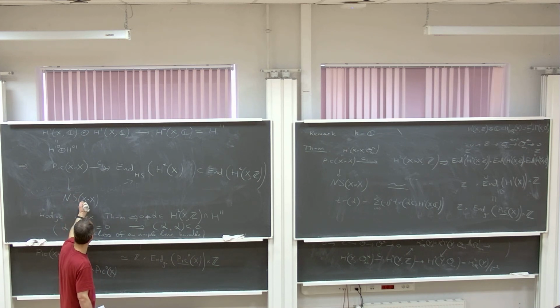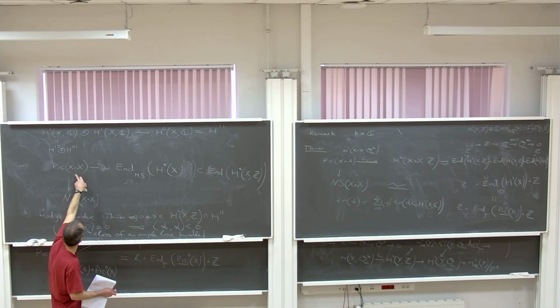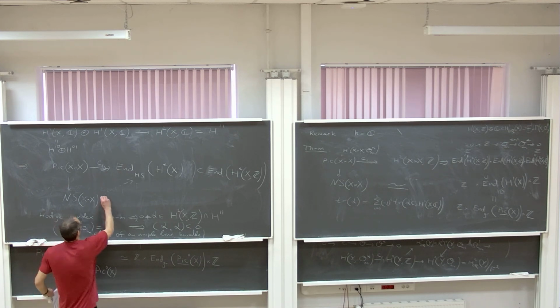So applying this to an algebraic class here which is numerically equivalent to 0, you see immediately that its image must be 0. So it shows that it factors. Good.